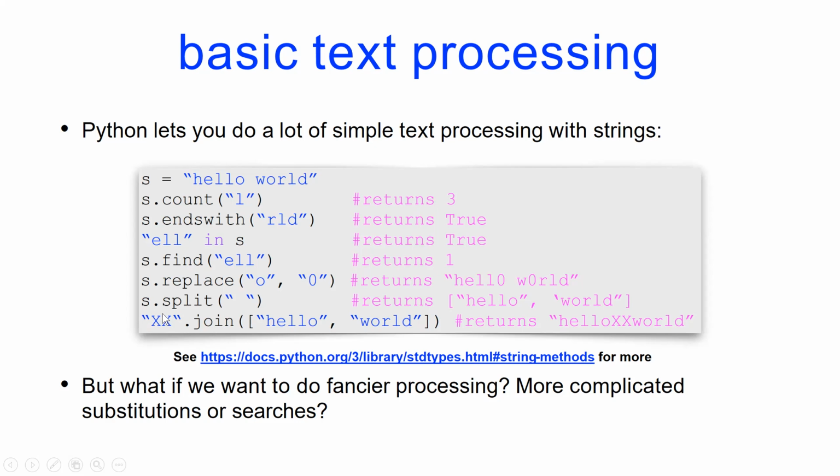Of course, you can use a string to join the two things. So as you can see, this is already good enough, right? It provides quite a lot of useful functions. But today we want to say, okay, how about handling an even more complicated, fancy version?